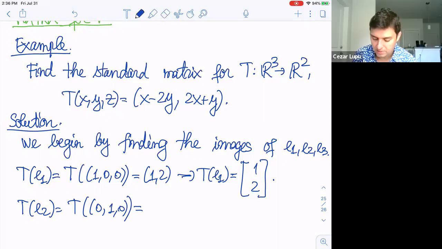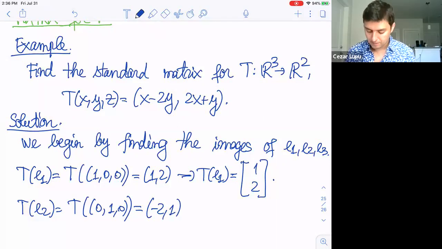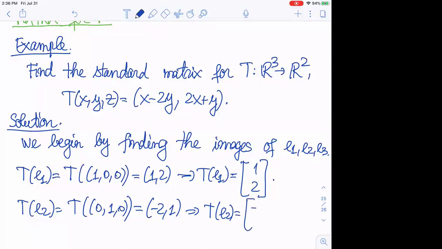So y would be 1. So it's -2, 1. Right? Are you convinced? Yes. -2, 1. All right.